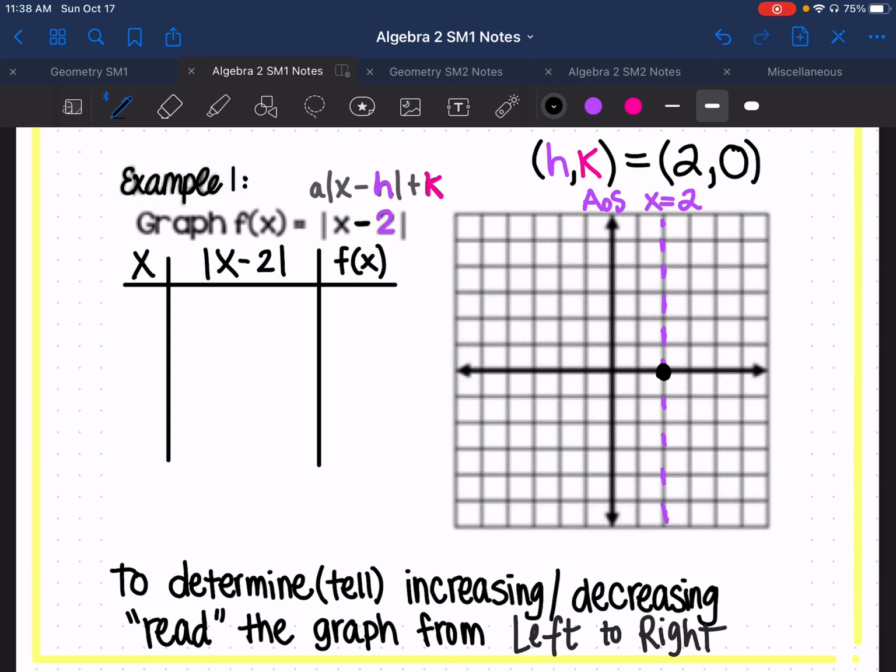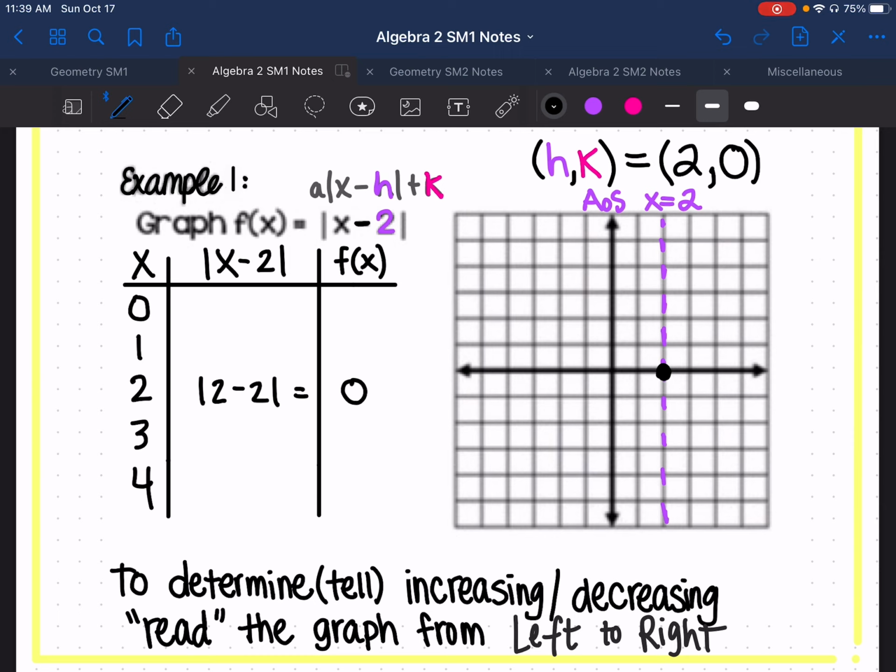All right, so what number should I pick? Well, 0, 1, 2 because that's my vertex, and 3 and 4 are good choices. That gives me 2 on either side of my vertex. Now I know right here at my vertex, I already know this answer is 0, but 2 minus 2 is 0, and the absolute value of 0 is 0.